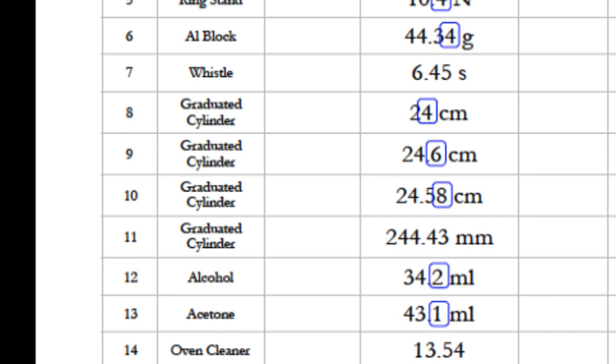Then you were given the tenths, and so you estimated to the hundredths. Guys, understand that progression is an important concept, that we always estimate one place past the accuracy of the device. That takes us through 8, 9, and 10. Now, 11 is different, because when you did number 11, that was actually with a digital micrometer.